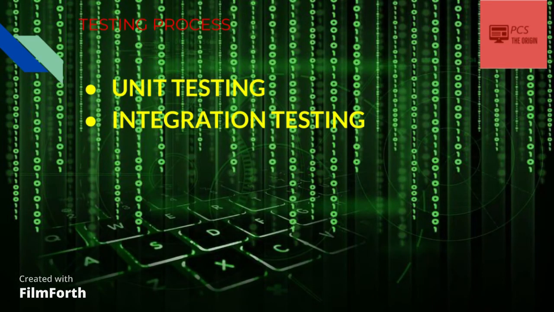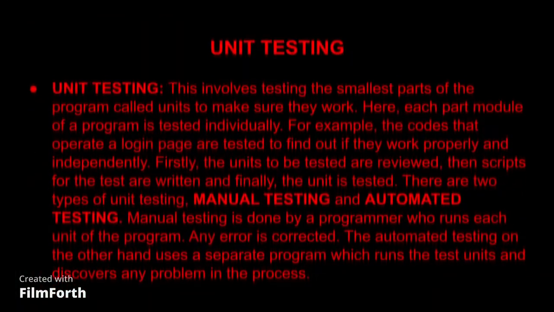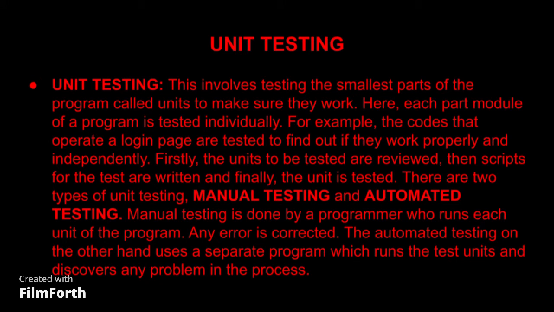Unit testing involves testing the smallest parts of the program, called units, to make sure they work. Here, each module of the program is tested individually. For example, the codes that operate a login page are tested to find out if they work properly and independently. Firstly, units to be tested are reviewed, then scripts for the tests are written, and finally, the unit is tested.